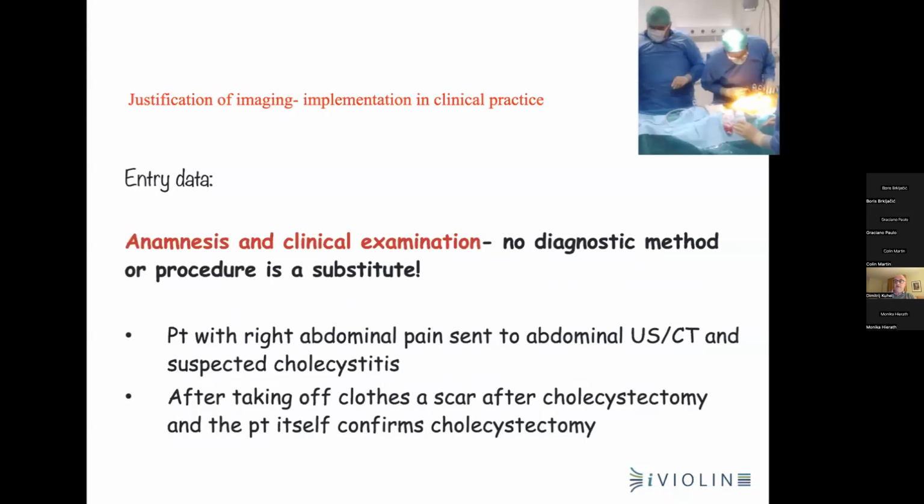No diagnostic method or procedure is a substitute for anamnesis or clinical examination. A patient with right abdominal pain is sent to the radiological department for abdominal ultrasound or CT, and after the patient takes off his clothes, we see that he has a scar after cholecystectomy, and the patient himself confirms that he had a cholecystectomy. So here the indication was really not the right one.